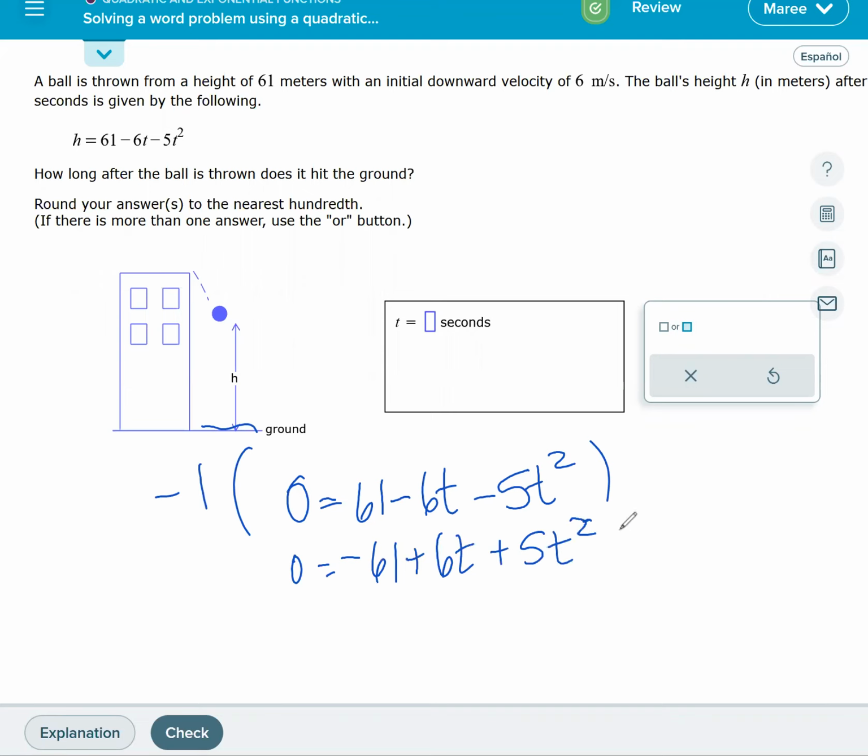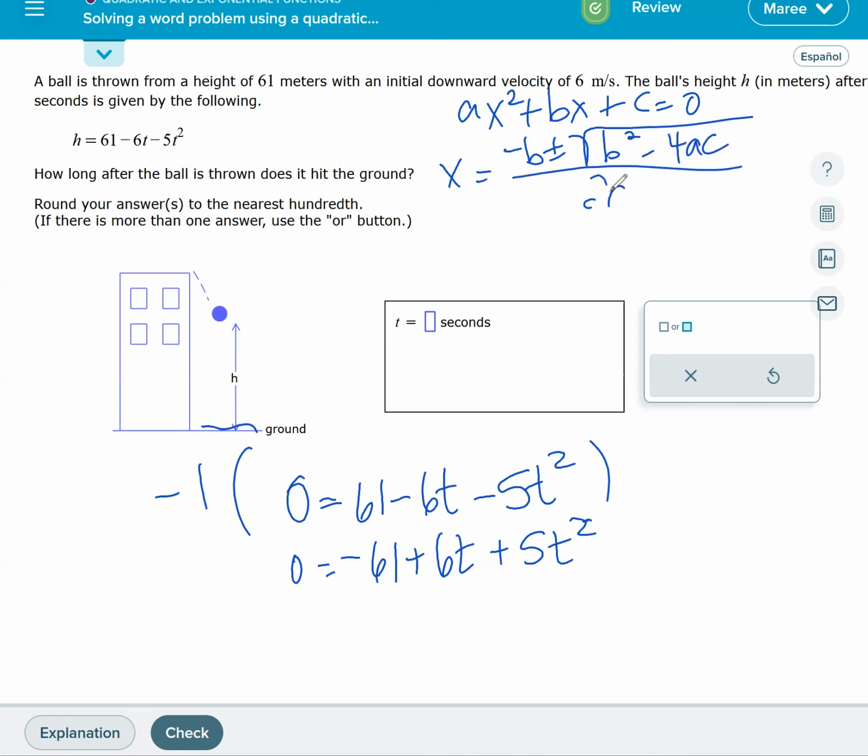In the quadratic formula, if you have ax squared plus bx plus c equals 0, then there is a formula to solve for x, and there's a song that goes with it, so just bear with me. x equals -b plus or minus square root b squared minus 4ac all over 2a.